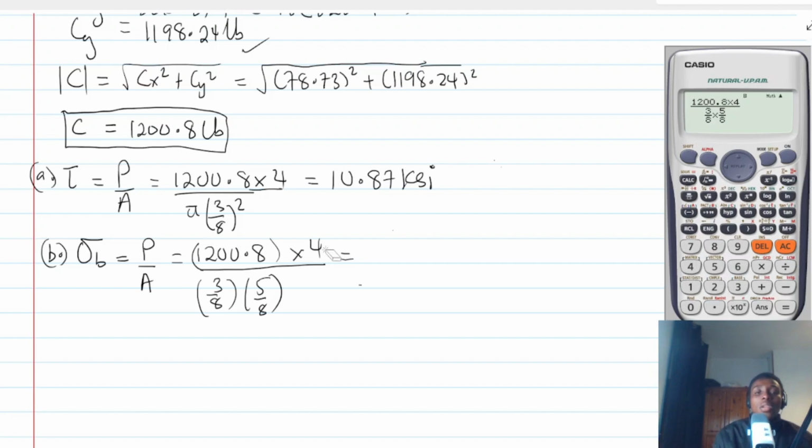Then you don't need to multiply by 4 because it's just the force over that area. All we are trying to say is that the bearing stress is the load divided by the thickness multiplied by the diameter.